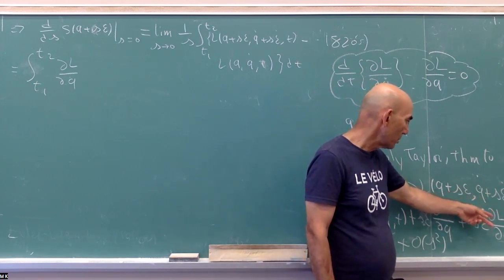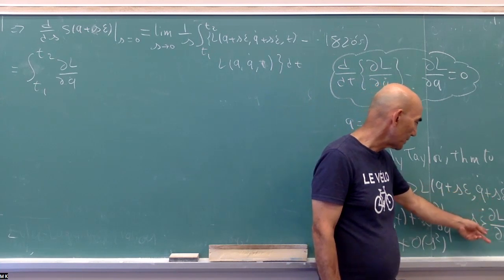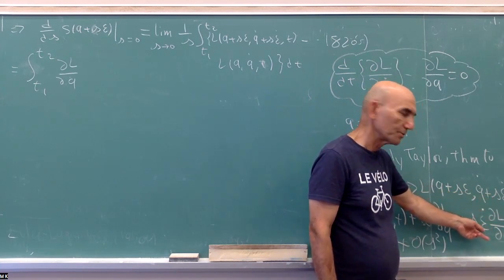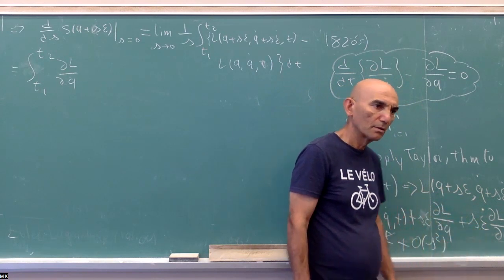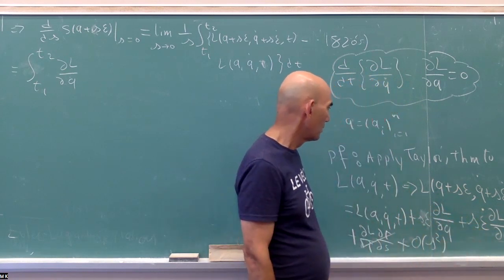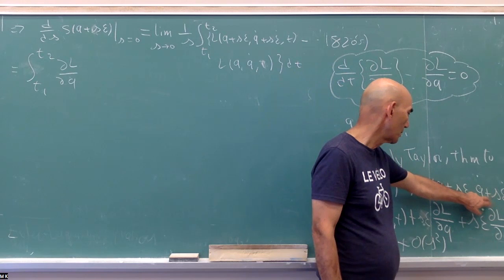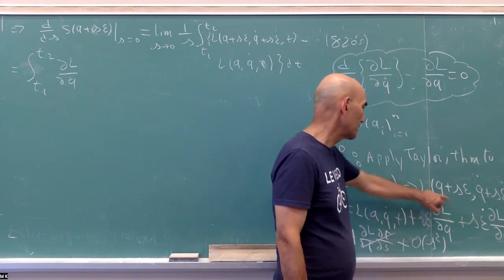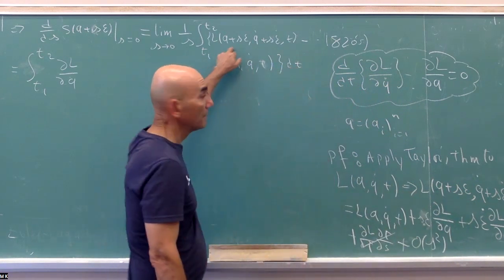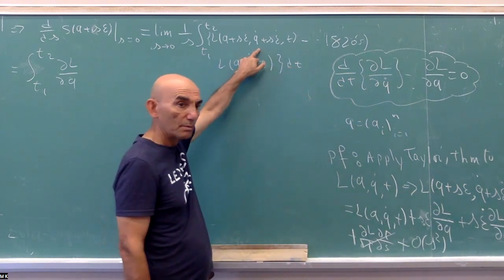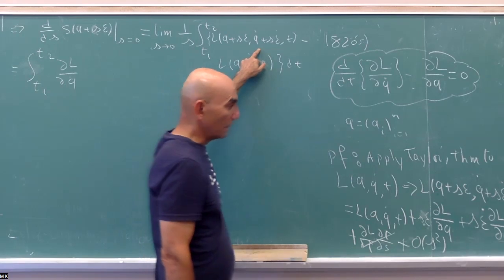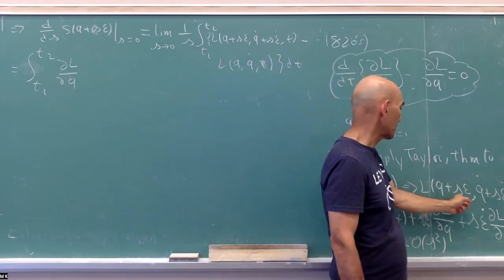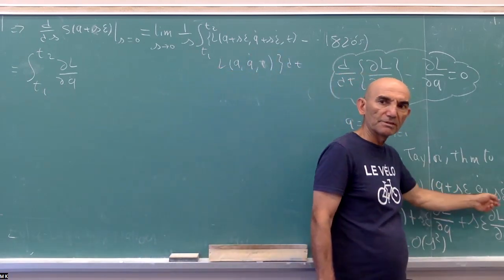So I have to take the derivative of this with respect to s, because I'm expanding around s now. So I'm taking the derivative of this with respect to s. Because with respect to s, only epsilon dot remains. I'm expanding this, right? Because it appears here. All of them are now functions of s.